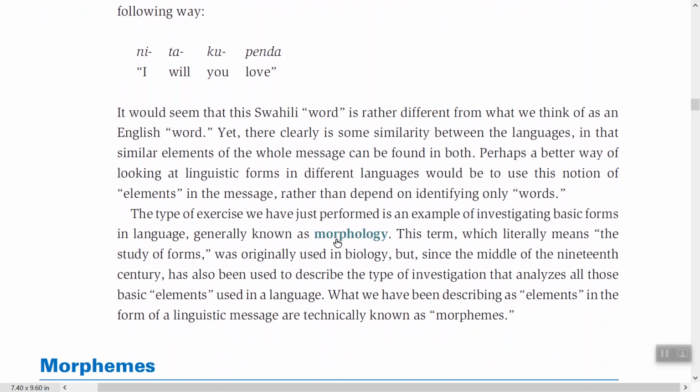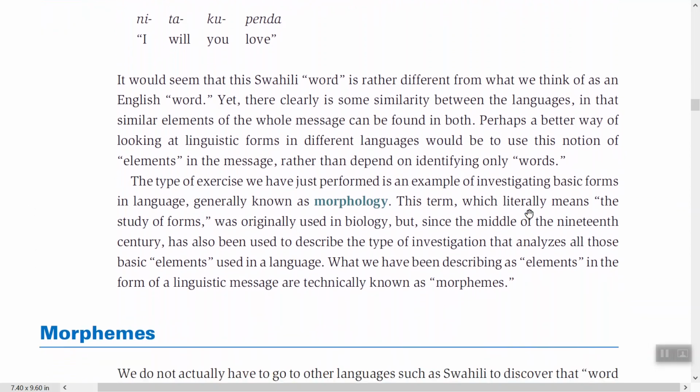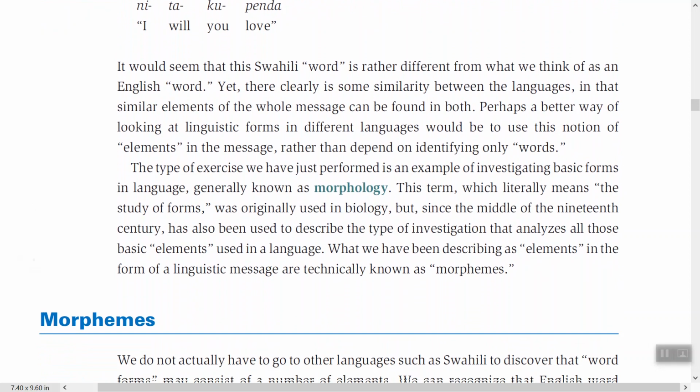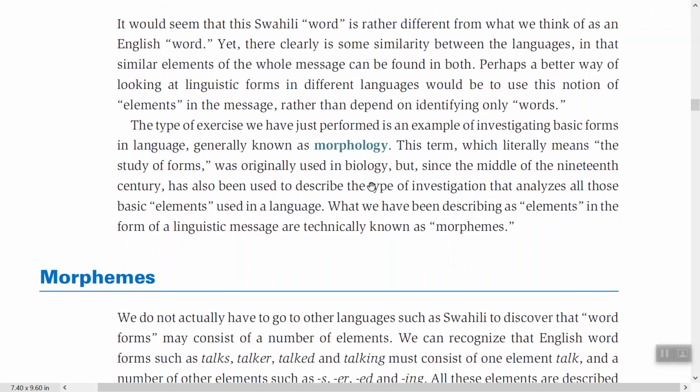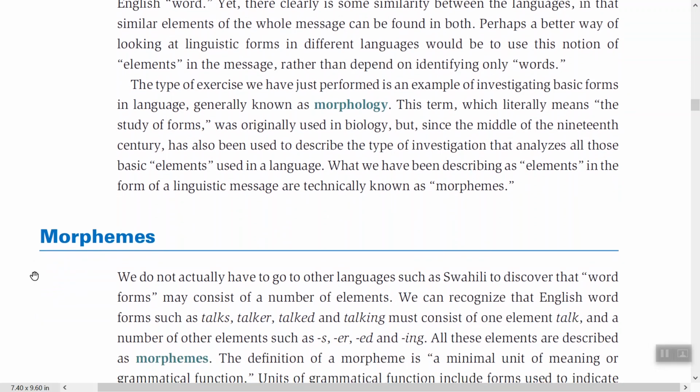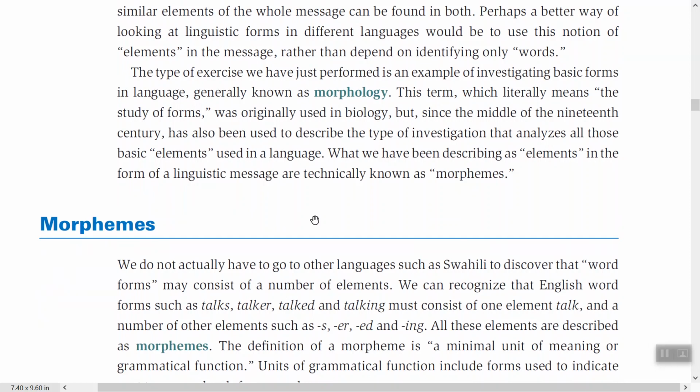Morphology is the study of forms, and the term was originally used in biology. That's why I said morphology in linguistics, because the term is still used in biology. You can check it if you want to read more about it.